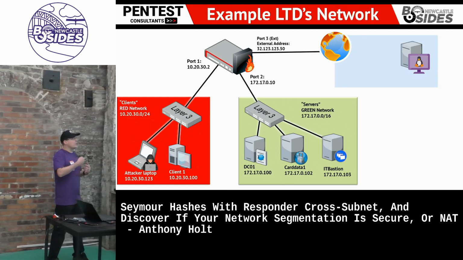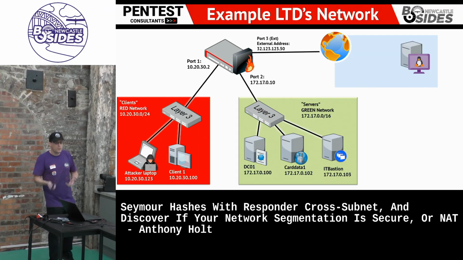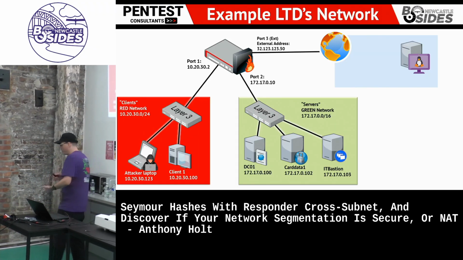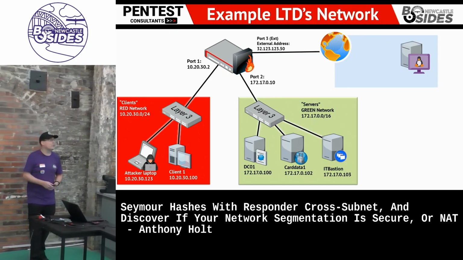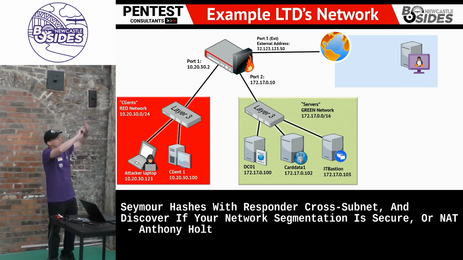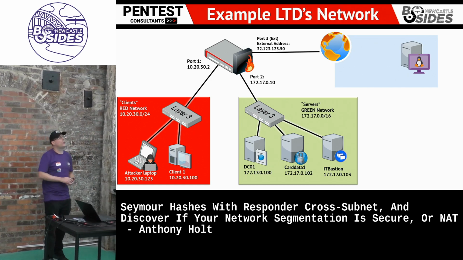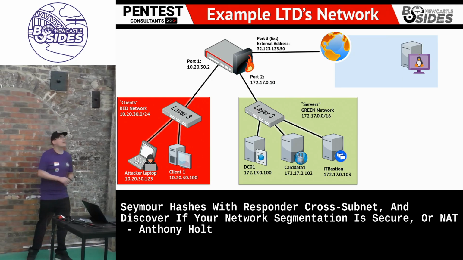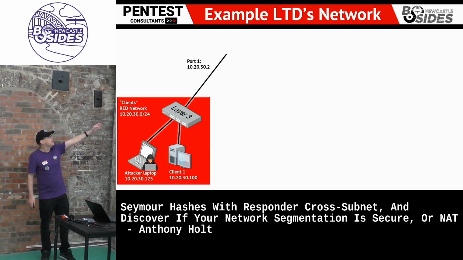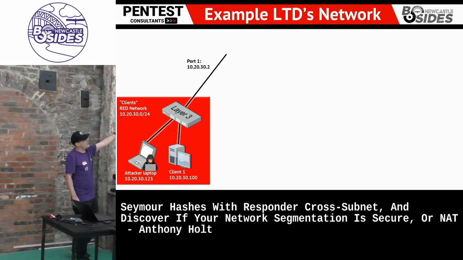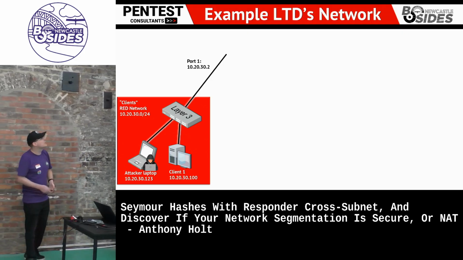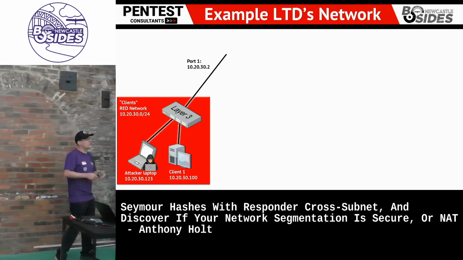Now, I wanted to talk about how this would look in a real network, and there's quite a lot going on in this. This is going to help us with talking about network address translation down the road. So there's a lot to go through, but I'll try and get you orientated. This is a high-level diagram for a client's network. We've called them Example Limited. Over here on the left, you've got the client network, where we're imagining that an attacker has plugged a device in, or they've compromised a machine inside of that network, and they're sat alongside other clients.